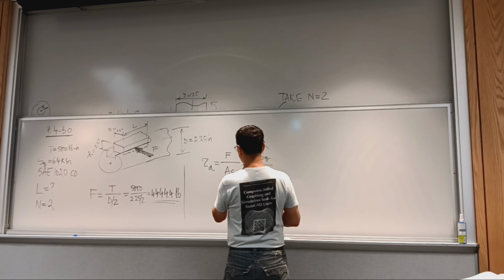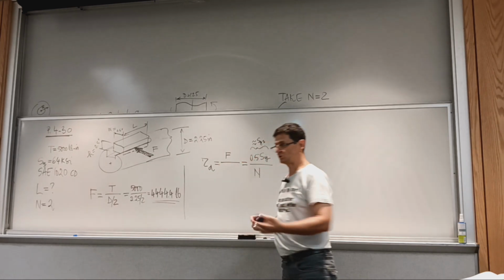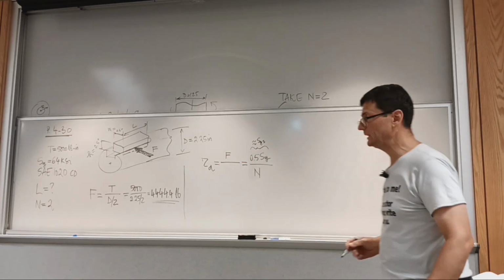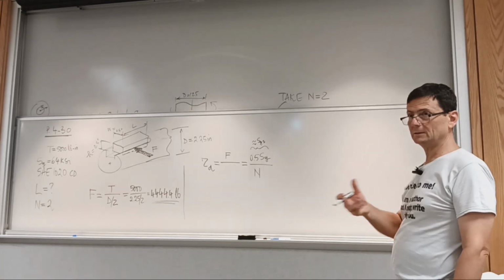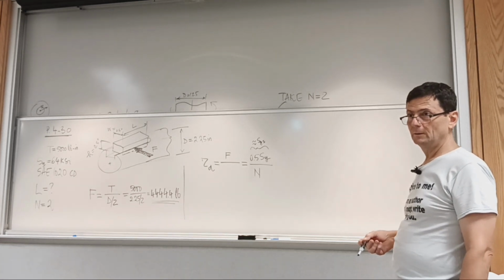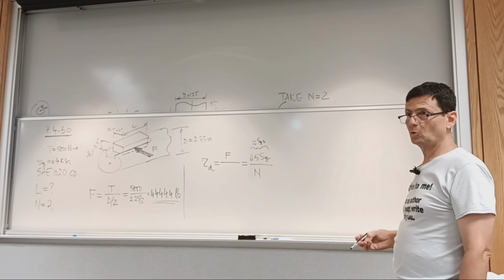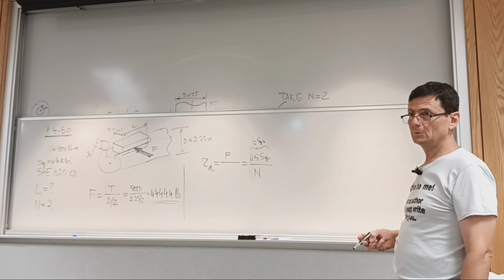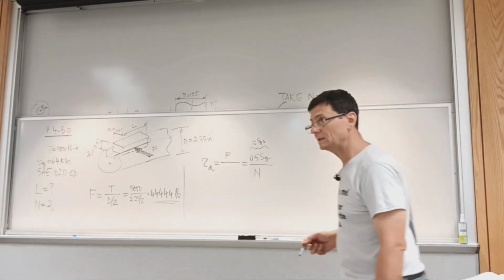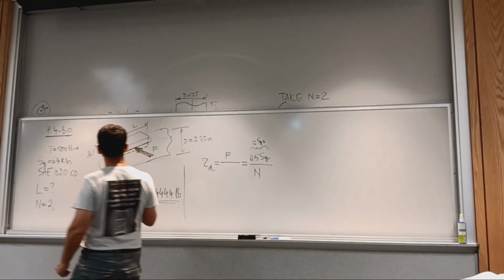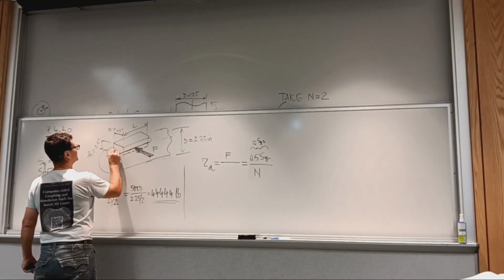And what is the shear area? How does the key shear? I think you handled the Woodruff keys that I brought. So how's the key going to shear? The key is going to shear along this line.